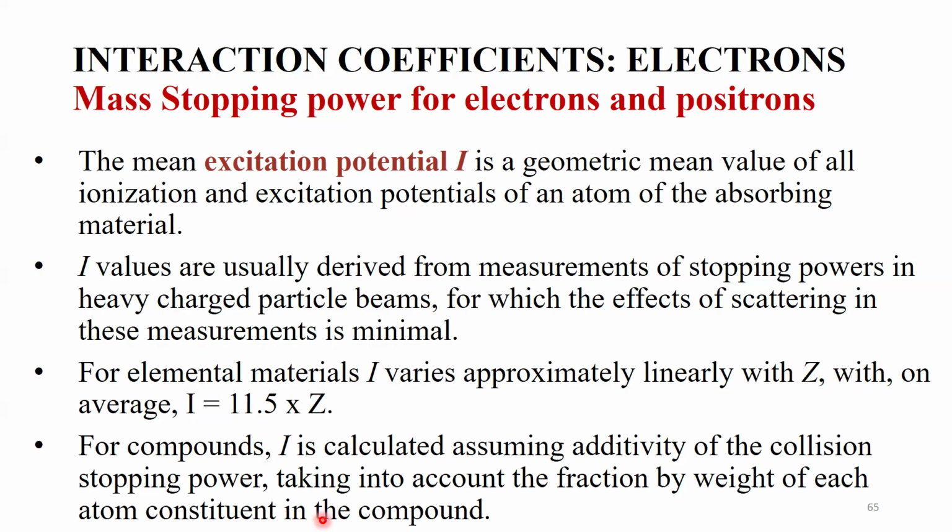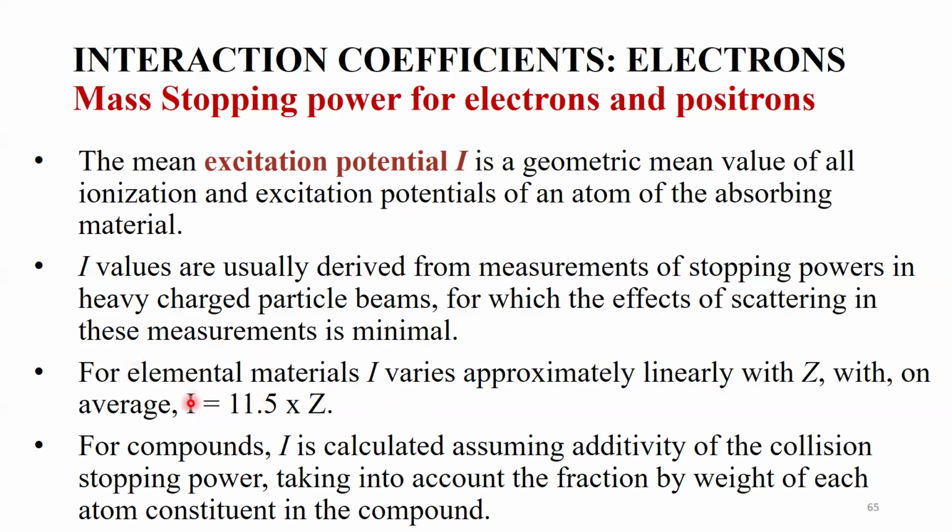Now, if we have higher I levels or higher I values, which correspond to elements with high atomic numbers according to the equation, this results in higher ionization and excitation potentials, and this leads to higher mass stopping power for charged particles.